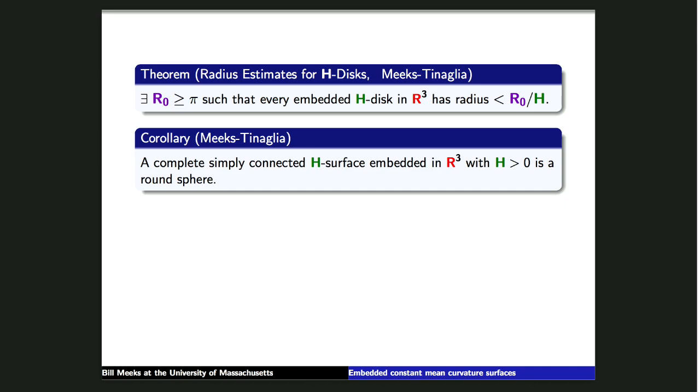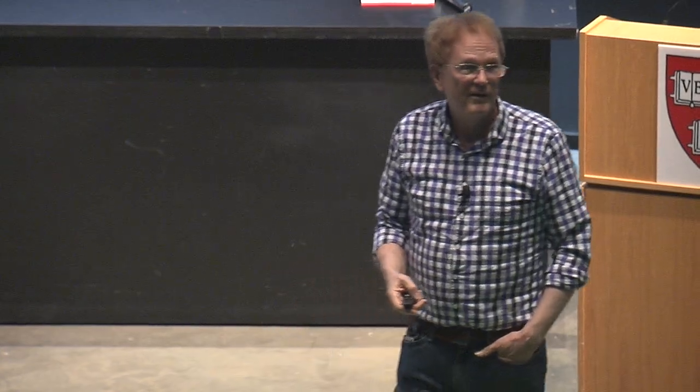Okay, and in particular, you immediately get that you don't have any complete simply connected surfaces with non-zero constant mean curvature, because every topological Riemannian plane is a union of disks. You can expand it. It's topologically just the usual plane. So the radius of those disks has to go to infinity if it's an exhaustion.